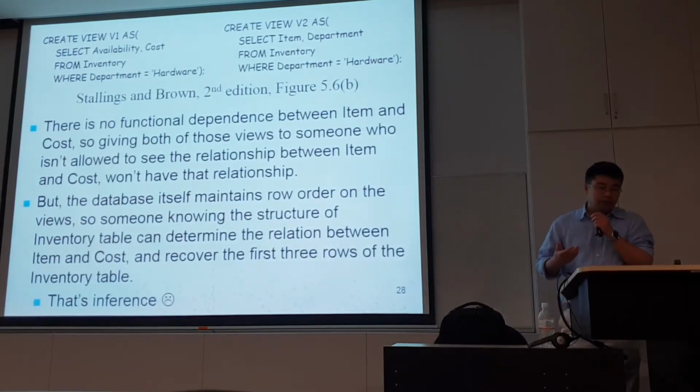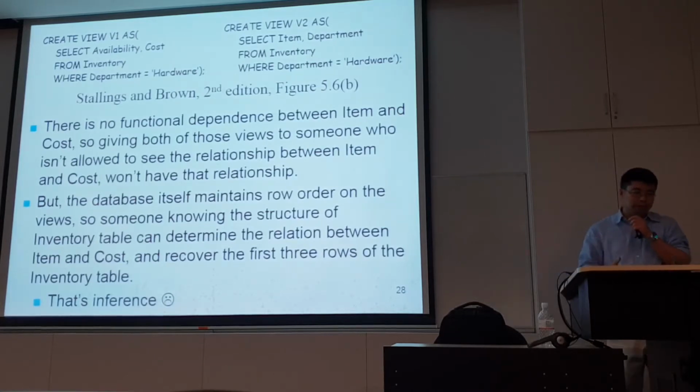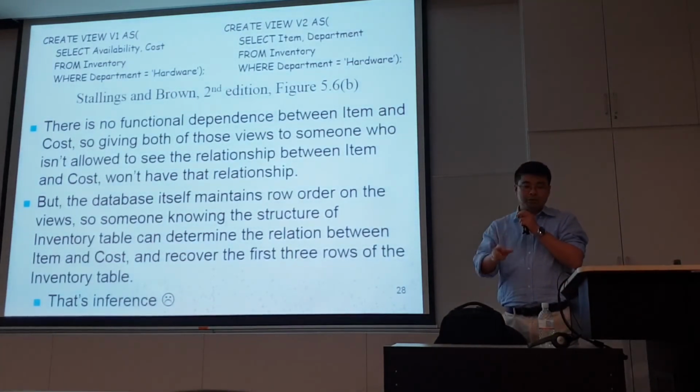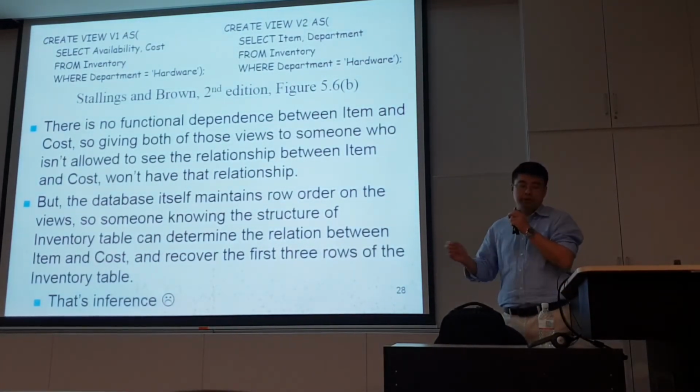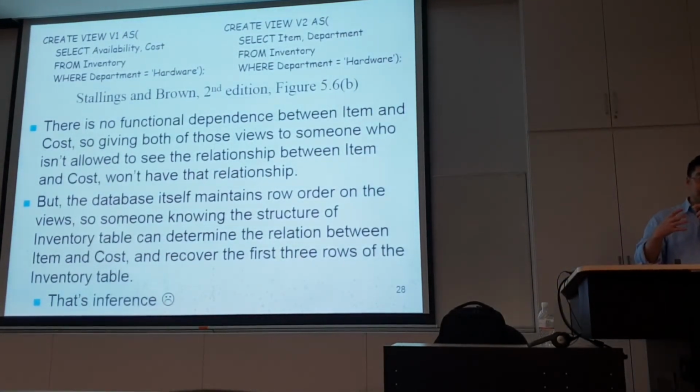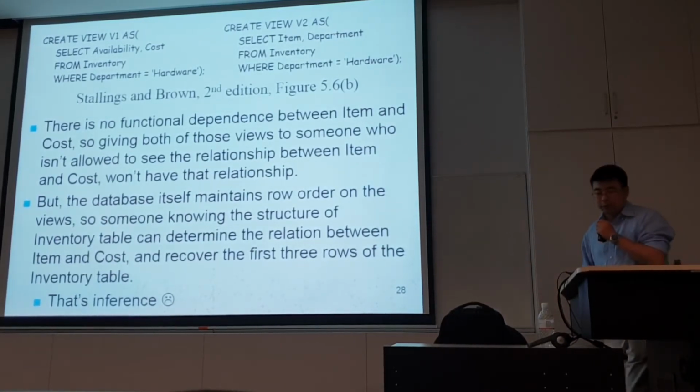So this is the Chinese wall model we studied. However, the problem is if there are two people, one queries the first view, one queries the second view, and they combine the two views together, then they will still get the whole picture of the database, right?